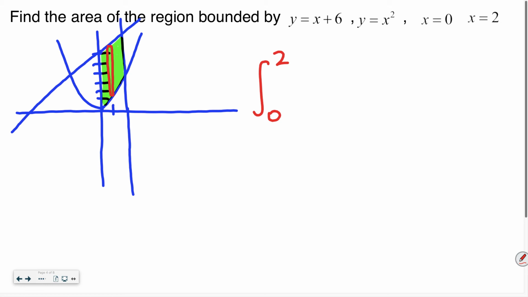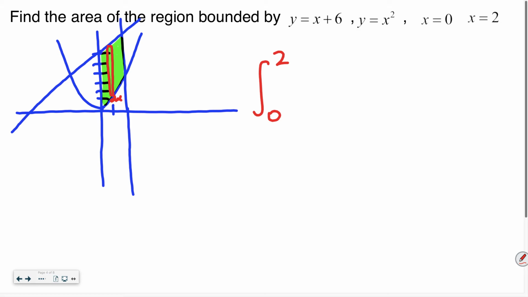I'm going to ask you to draw this really skinny rectangle in your region, for a couple different reasons. Tomorrow we're going to work with y's, and so by drawing this rectangle, we know that the thickness is dx because it would sit along the x-axis if you stretched it all the way down. But we also can see the top of the rectangle and the bottom of the rectangle.